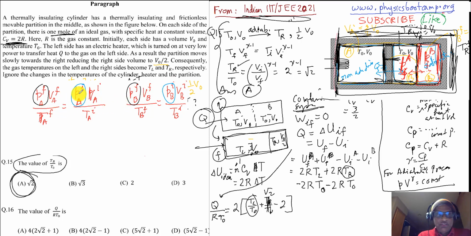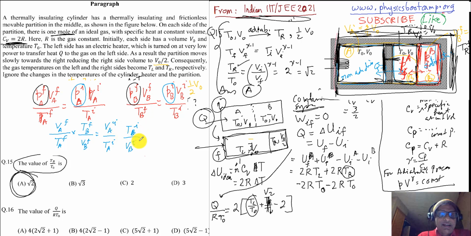Right away, if I take the ratios of all of this, we are going to get what we want. So let's take ratio on the left with the left, right with the right. So we have a V A final over T A final, and this is going to invert, T B final over V B final will be equal to V A initial over T A initial, T B initial over V B initial.